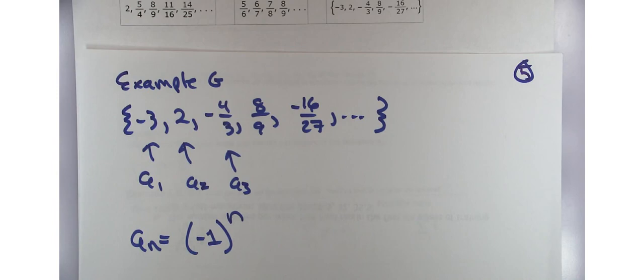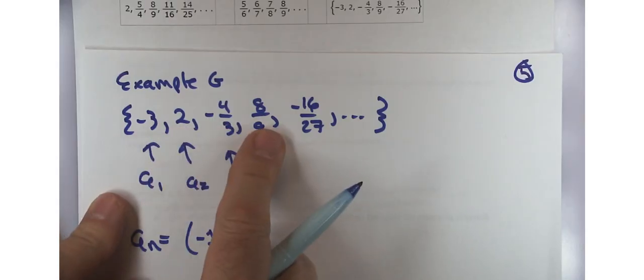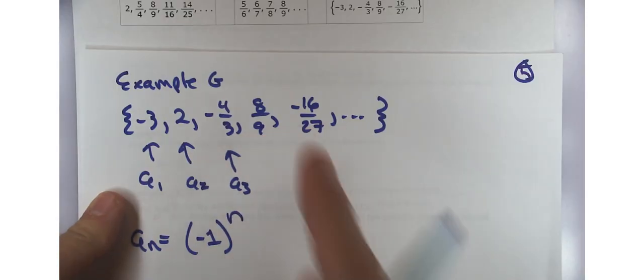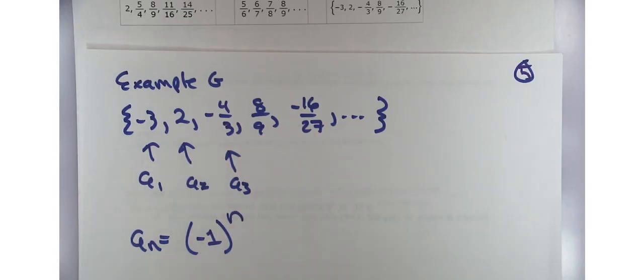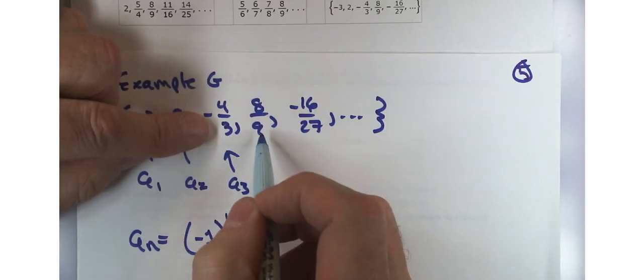And guess what? Now I'm going to ignore the negative stuff. I'm just not going to worry about it because I've already taken care of the alternating part of the sequence. Now I can focus in on this and this and this. And it might be easiest to look at these numbers, the ones that are already fractions. Let's take a look here. You go from 3 to 9 to 27.